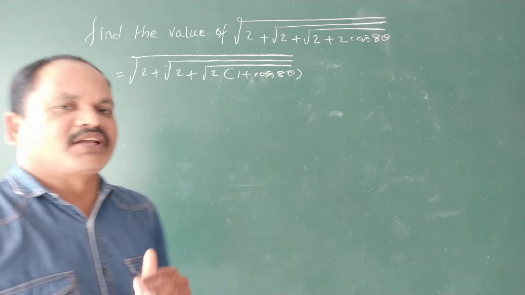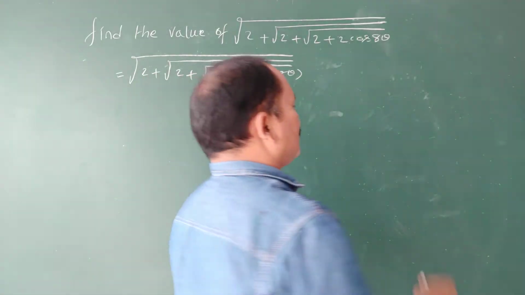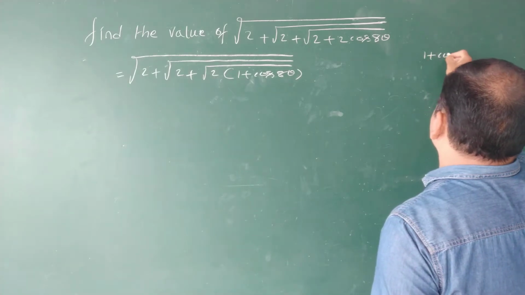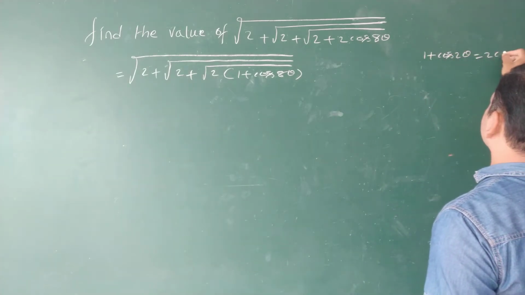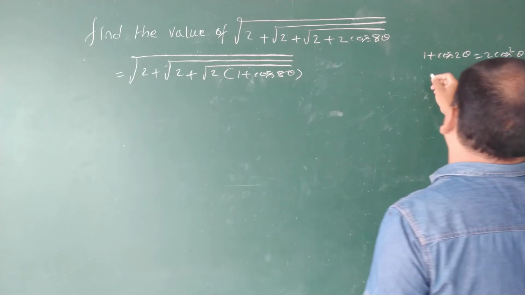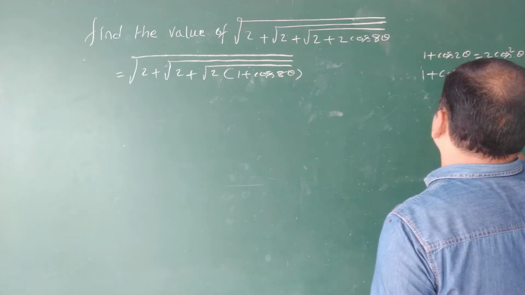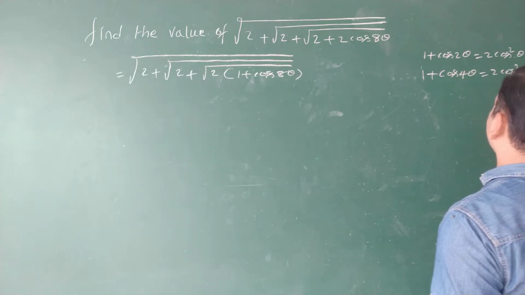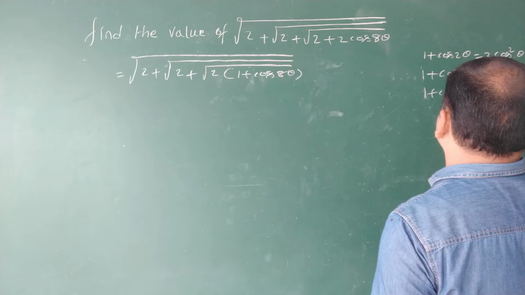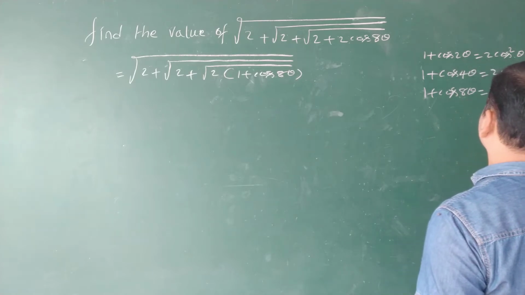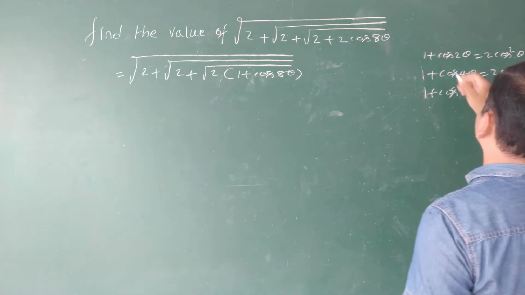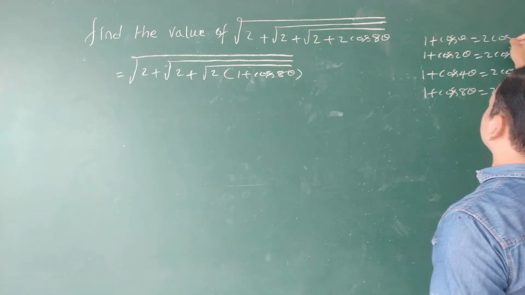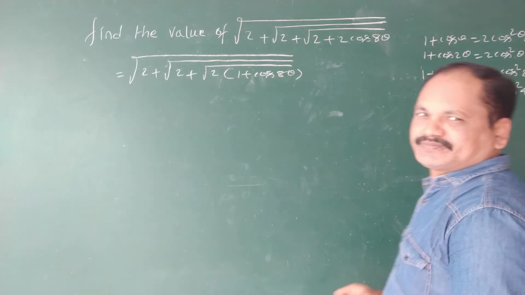Actually, from multiple angles, we know the forms: 1 plus cos 2 theta is 2 cos square theta. 1 plus cos 4 theta is 2 cos square 2 theta. 1 plus cos 8 theta is 2 cos square 4 theta. So 1 plus cos theta is 2 cos square theta by 2.